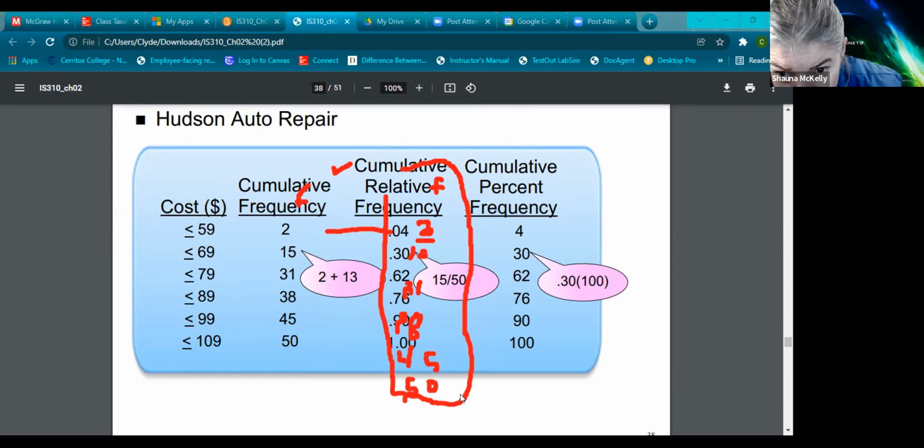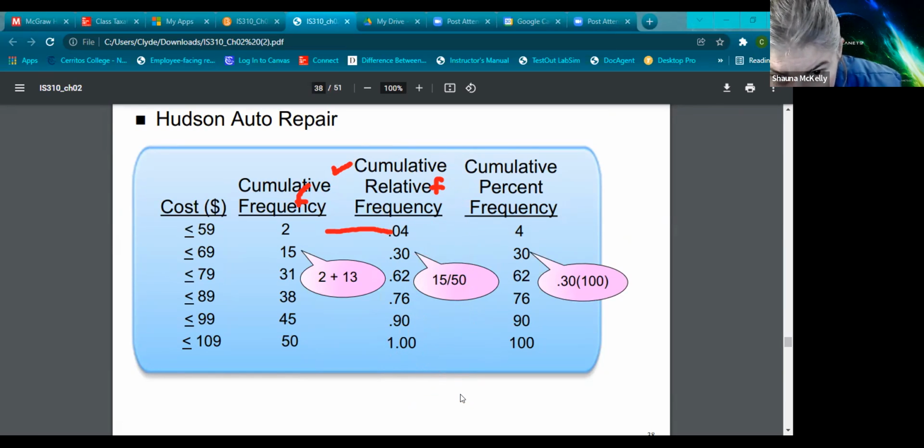Now where she's getting the other numbers from is she's doing the same exact thing she did before. So remember, you have 50 still, right? So she's taking the cumulative frequency of the class and dividing it by the total. 2 divided by 50, 0.04.